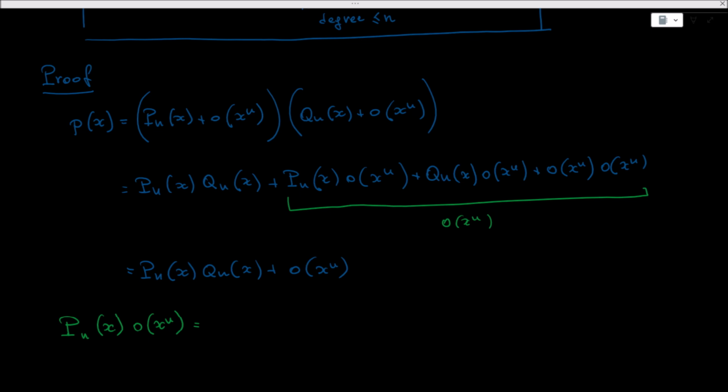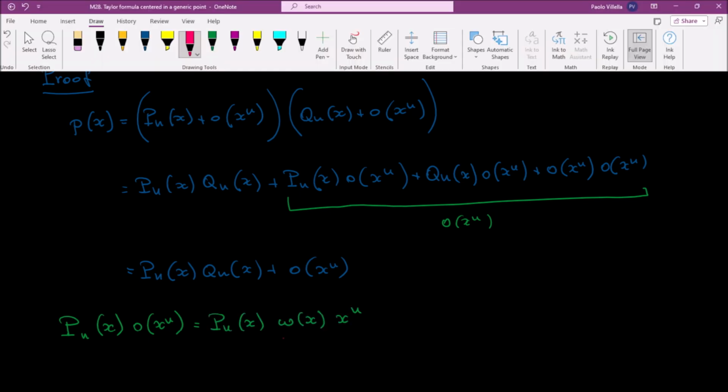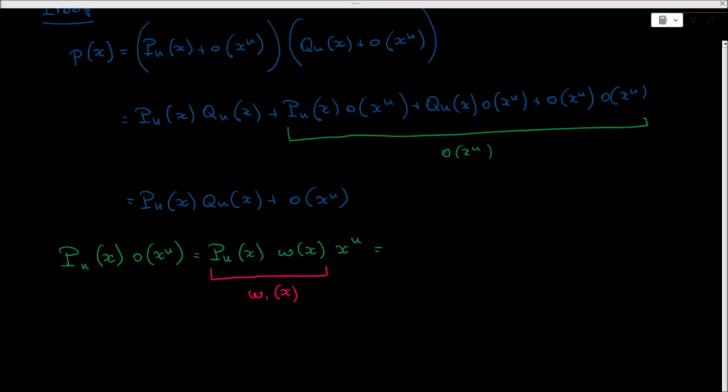And let me rename this product of these two terms omega 1 of x. Now, I want to prove that omega 1 of x tends to 0 when x goes to 0.